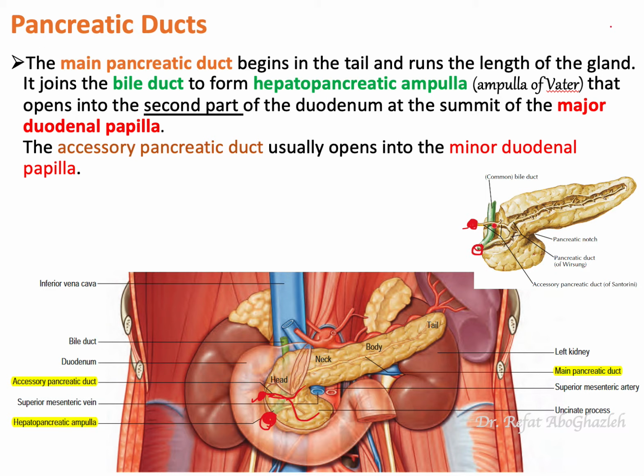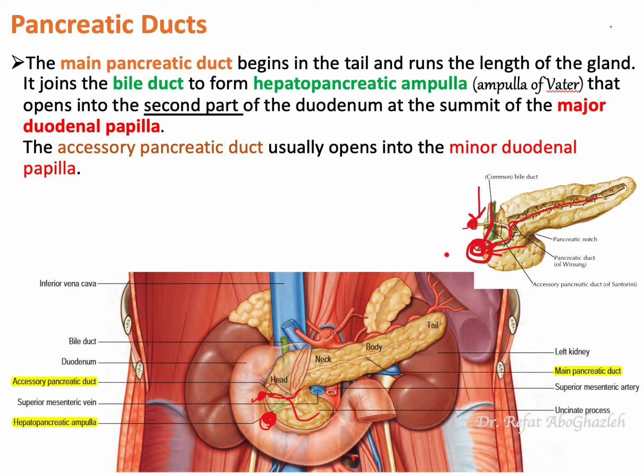Now, guys, you have to know that the main pancreatic duct, of course, joins the common bile duct, or what is known as the bile duct, to form a large or enlarged part known as the hepatopancreatic ampulla.